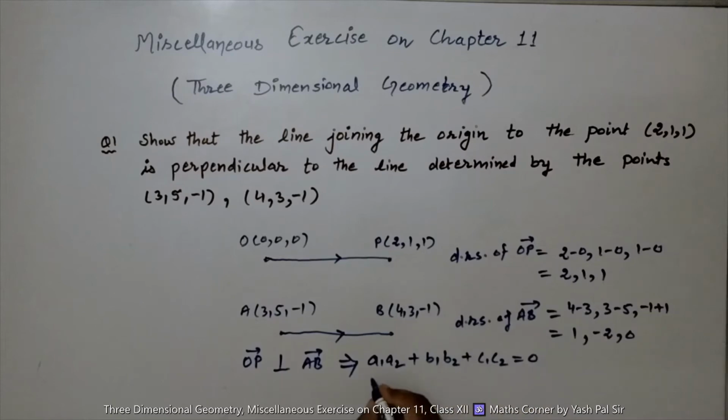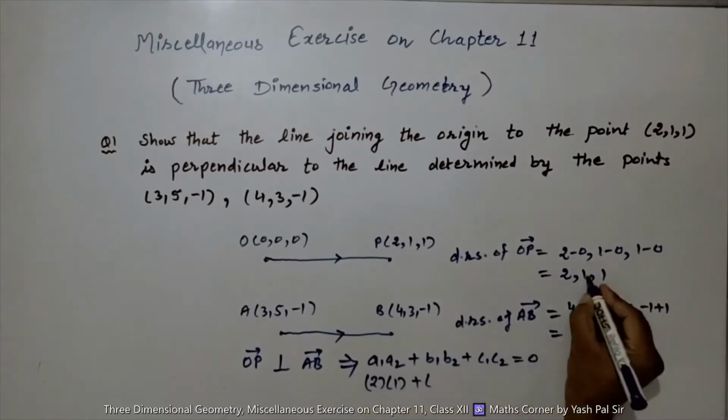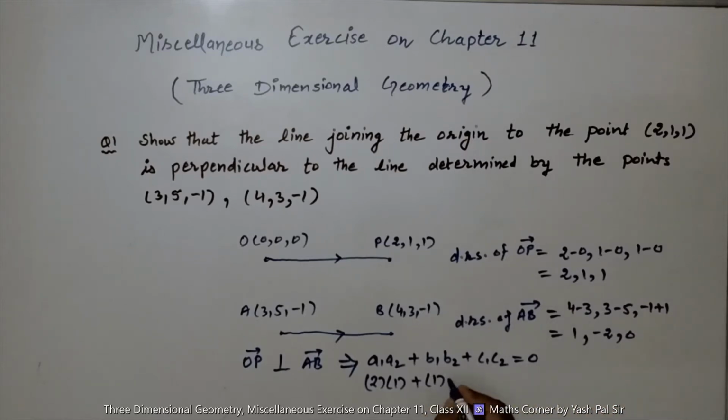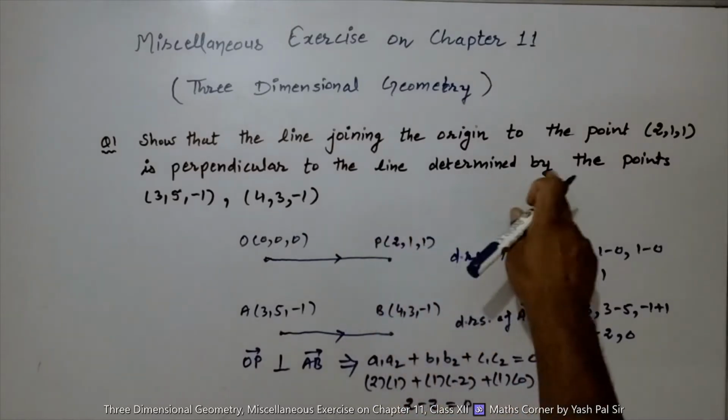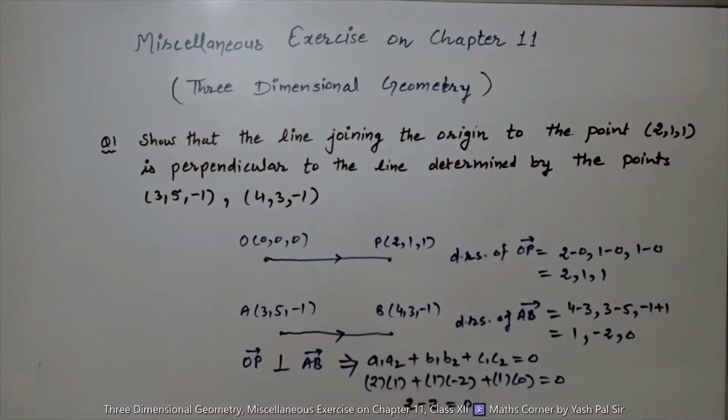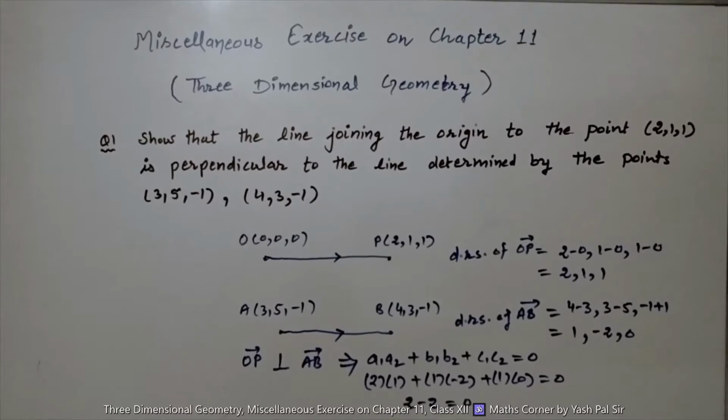So we have 2 into 1 plus 1 into minus 2 plus 1 into 0 equal to 0. Let us check whether this is true. Yes, 2 minus 2 is equal to 0. So we have proved that these two line segments are perpendicular to each other.